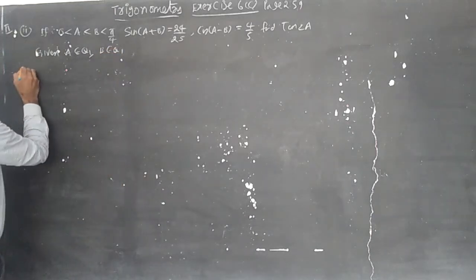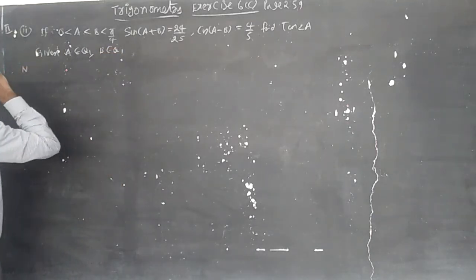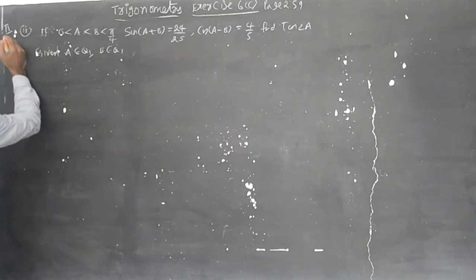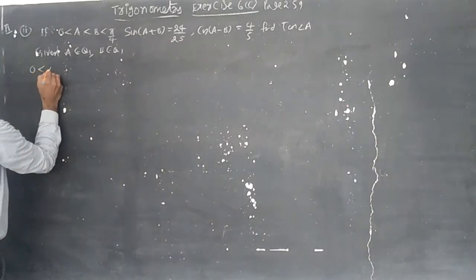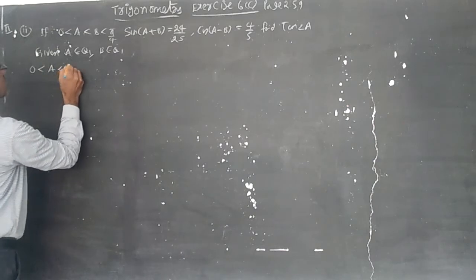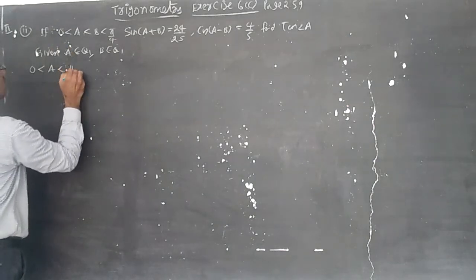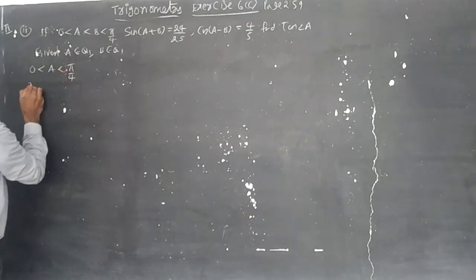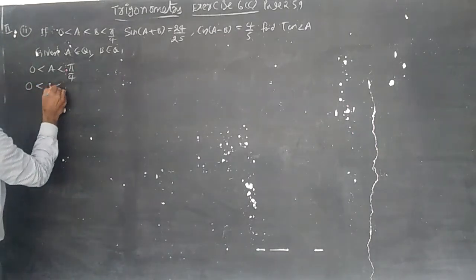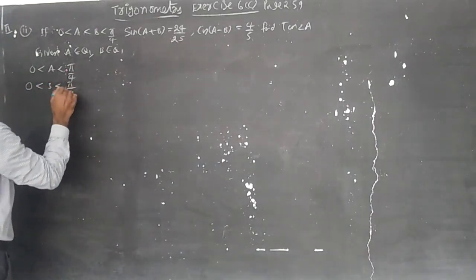Now A plus B. Write like this: 0 less than a less than 5/4, and here you write 0 less than b less than 5/4.